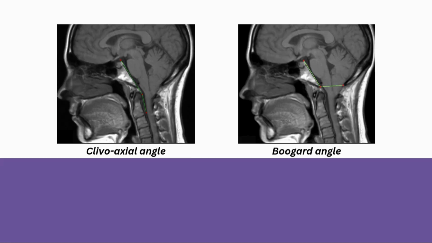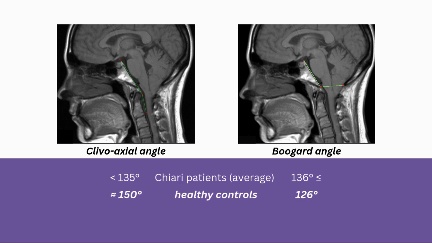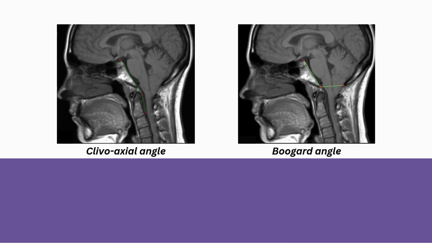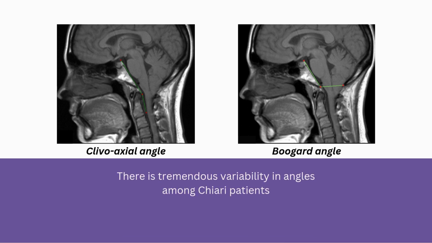With both angles, the average among Chiari patients is significantly different than healthy controls, but it is not beyond the radiological cutoffs mentioned above. However, there is tremendous variability in these angles among Chiari patients, and a subgroup of patients clearly do have abnormal clivus angles.